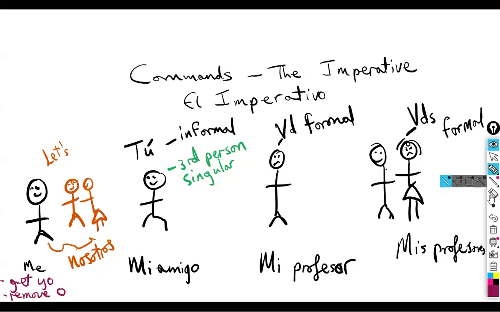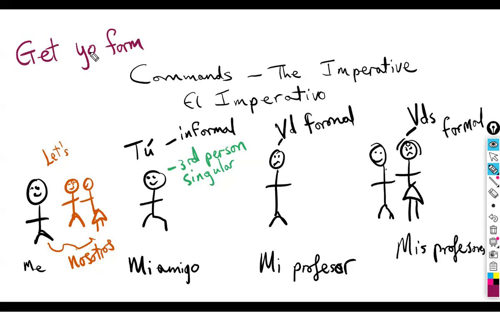So get the yo form. Why? Because a lot of verbs have an irregular yo form. Remove the o ending, because in the yo form all the endings are o.